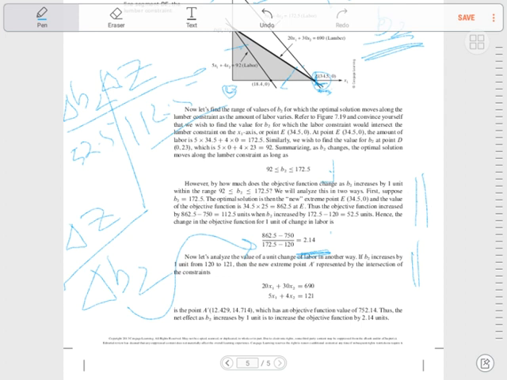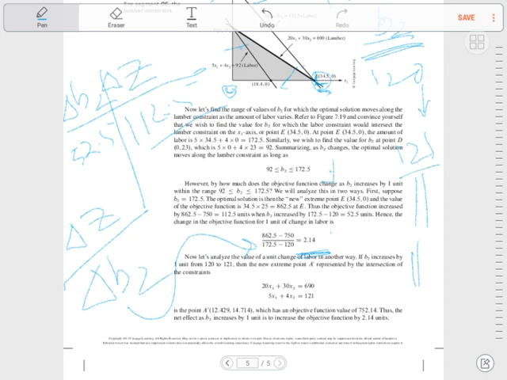So we took the present one and the extreme one, but we could have done it in a separate way also. We could have taken the present one and increased it by just 1 unit. That means starting from 120 and increasing by 1 unit, it becomes 121.